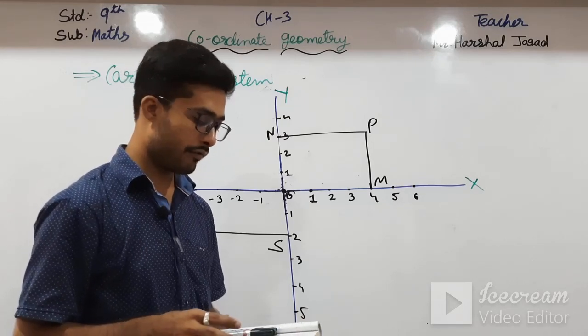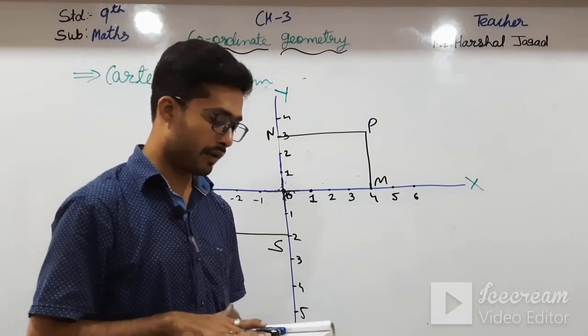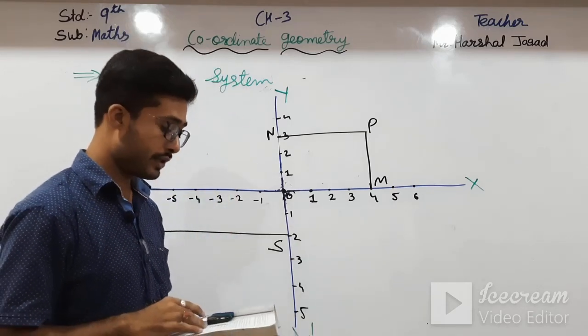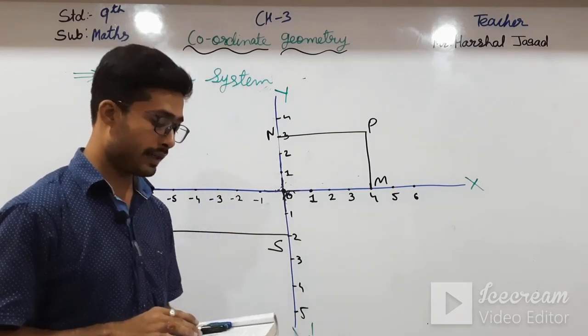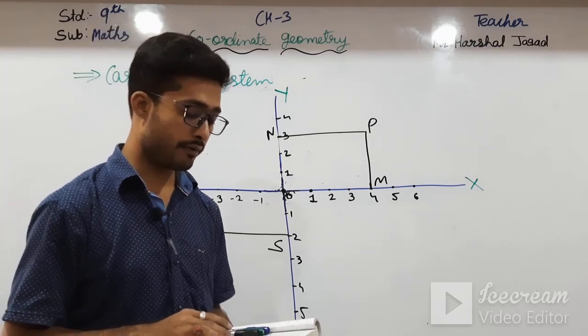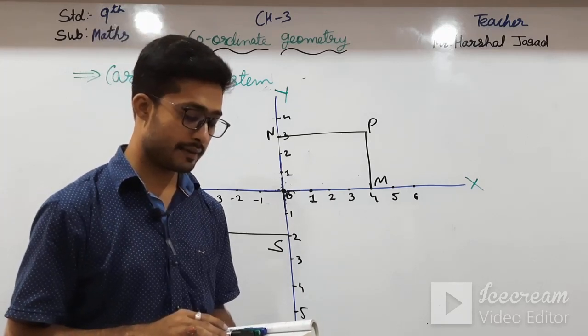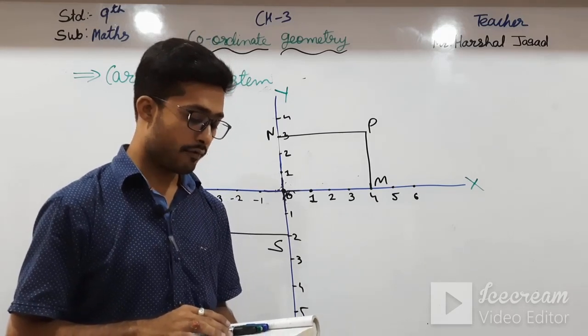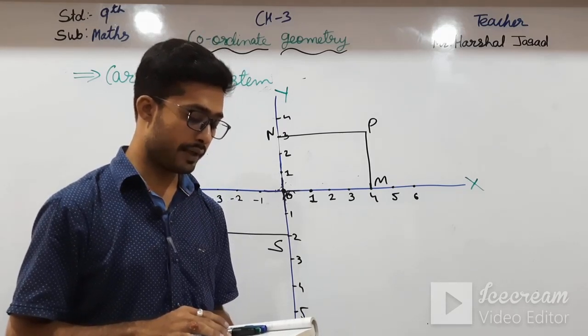Okay students, now using this distance, how can we describe the points so that there is no confusion? We write the coordinates of a point using the following convention. The x coordinate of a point is its perpendicular distance from the y-axis measured along the x-axis. For the point P it is +4, and for Q it is -6.